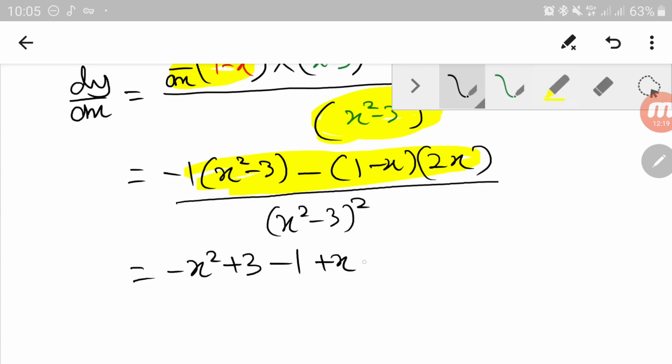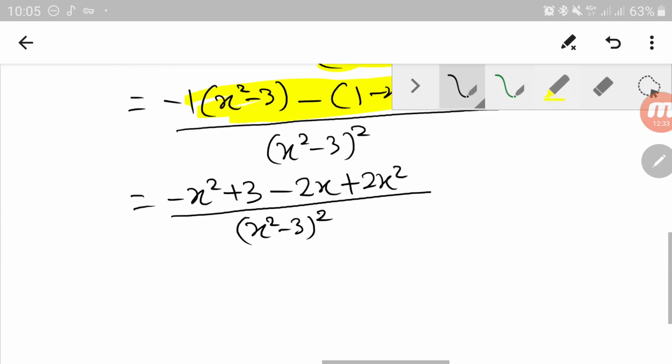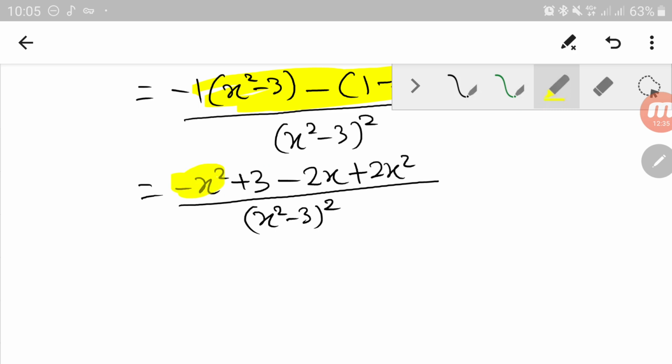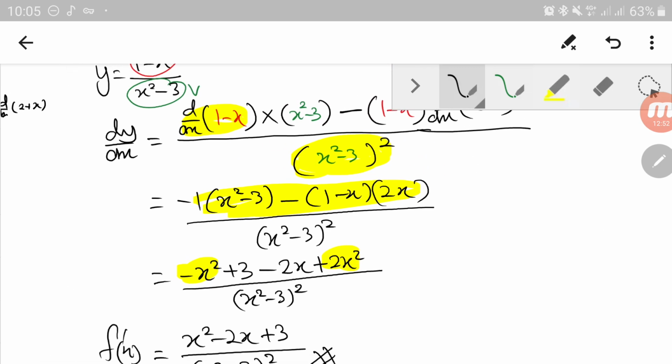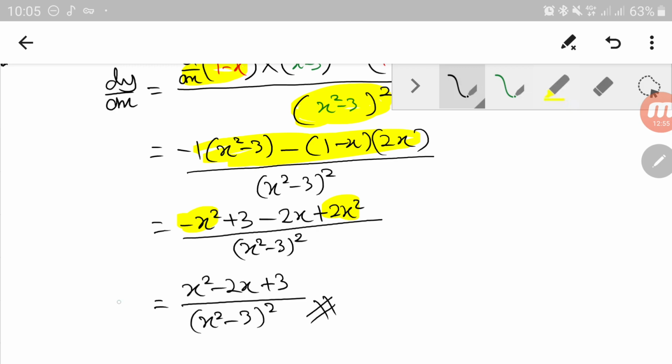Minus 1 times x squared gives minus x squared plus 3, and minus (1 minus x) times 2x gives minus 2x plus 2x squared. See? There's something we can simplify. Now minus x squared plus 2x squared, so what we have is (x squared minus 2x plus 3) divided by (x squared minus 3) squared. So this is the differentiation of y in terms of x.